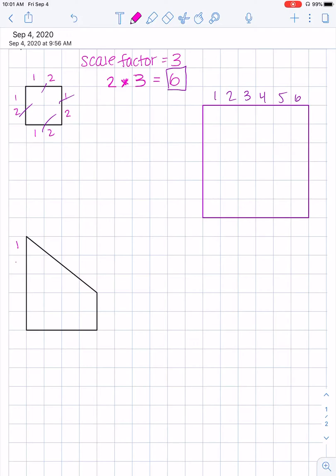So 1, 2, 3, 4, 5. So that's 5 units. 1, 2, 3, 4 units. 2 units right there.